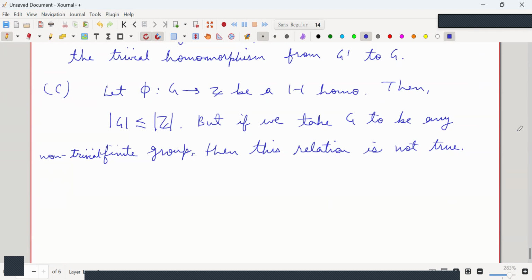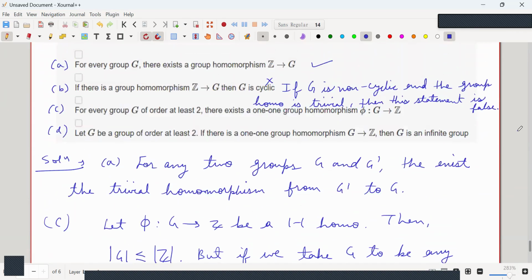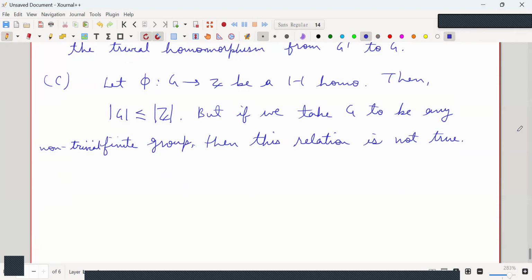Then we need to take some group whose cardinality is more than Z. Maybe R will work, right?